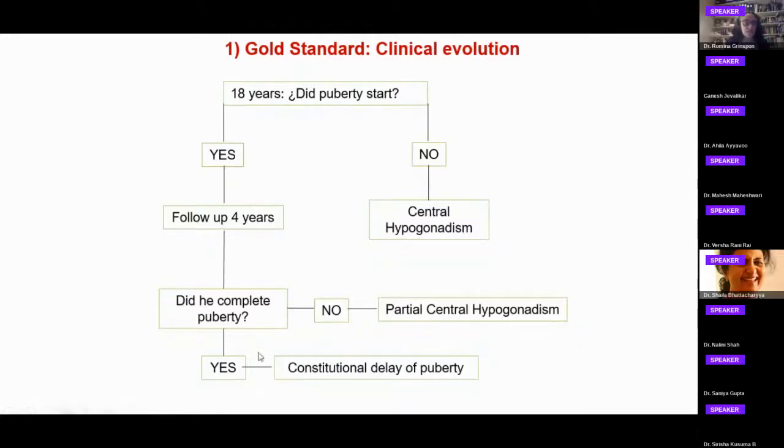If the puberty completes, it was a constitutional delay of puberty. If not, maybe it's a partial central hypogonadism or an acquired central hypogonadism. Very nice, but this approach does not take into account the feelings and the emotions of the patient who asks for help with a delayed puberty.